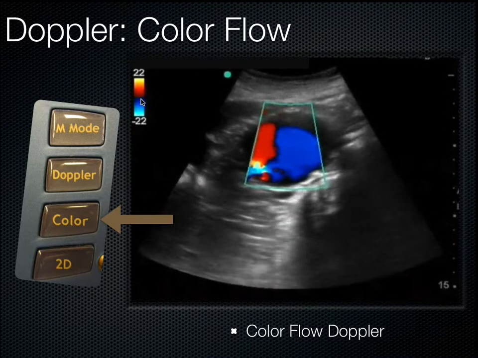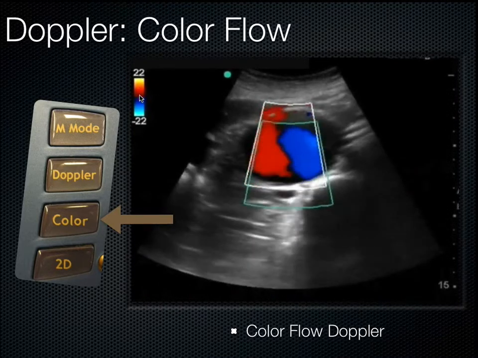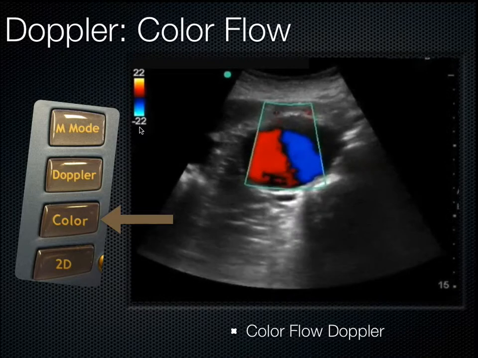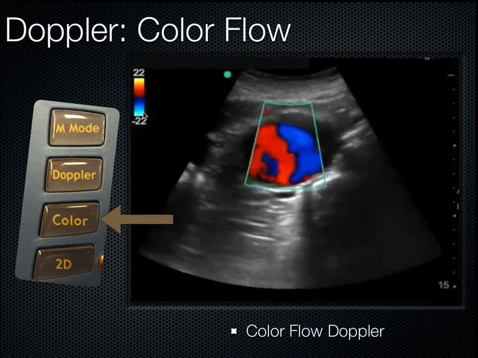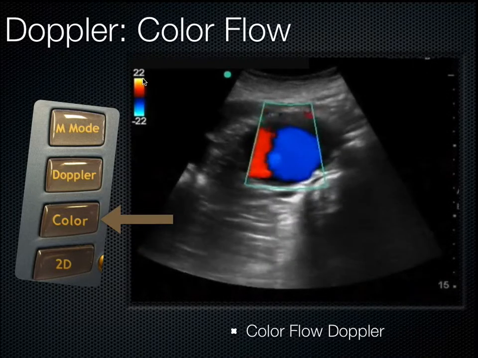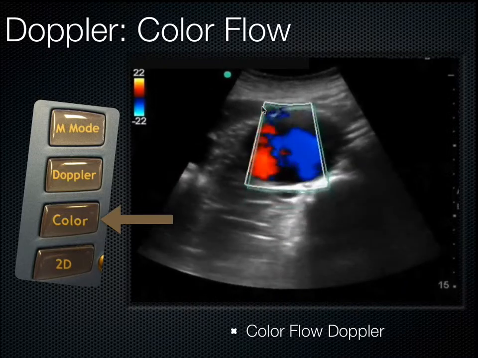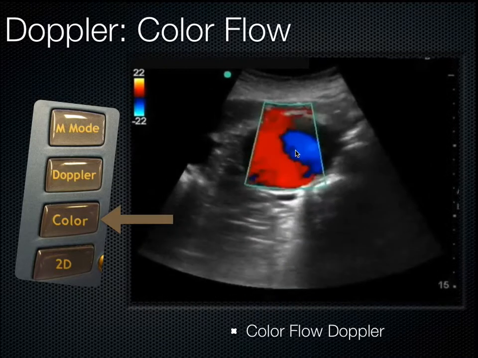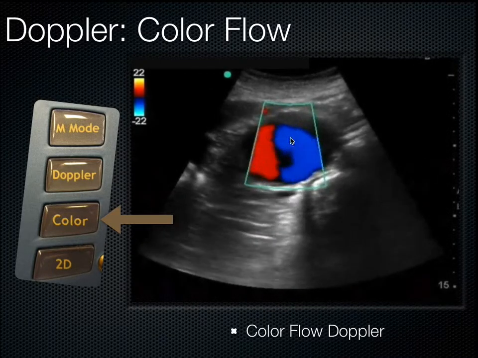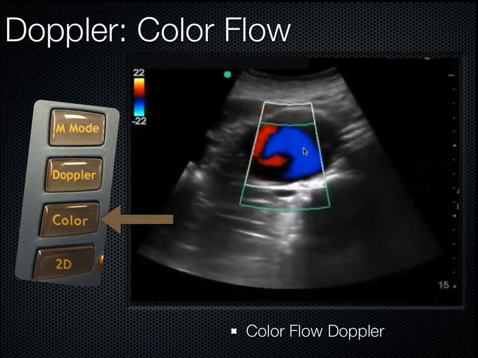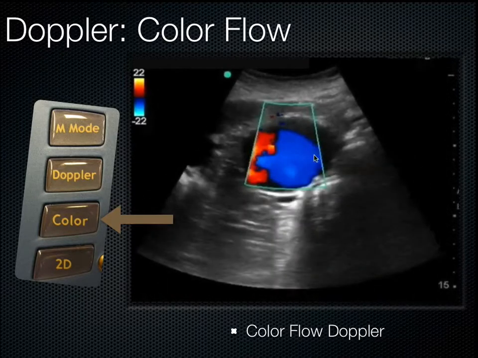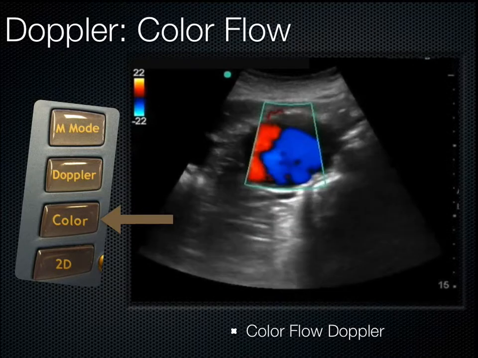So that's one way to remember that. Red is flow towards the probe, blue's flow away. The other way is to think about BART, B-A-R-T, blue away, red towards. And essentially, this is a big aortic aneurysm seen here, and there's some yin and yang, or to and fro flow going on here. That's how that looks there.